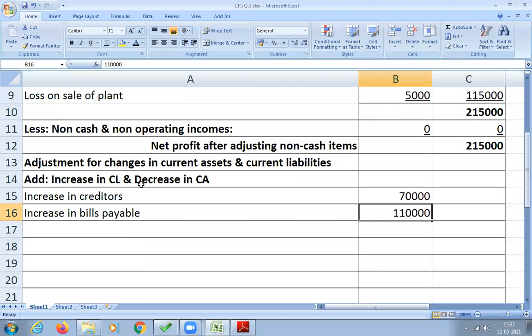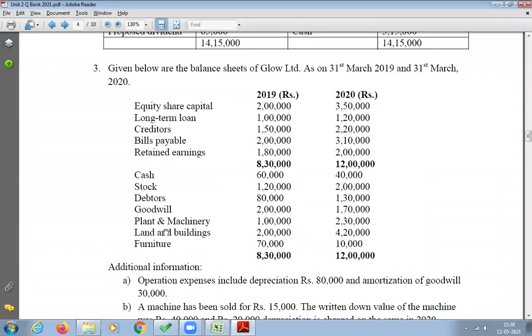Then what else do we have to see now? Decrease in current assets. Check the current assets and tell me if anything has decreased. Stock, sir. Stock 80,000 has increased, and increasing means you have to deduct; we will write it later. Debtors are also increasing.